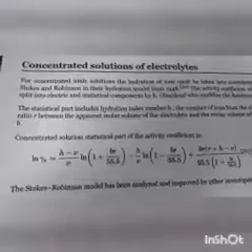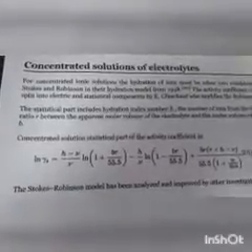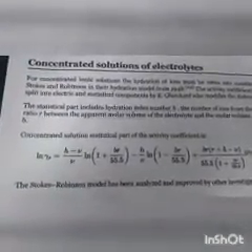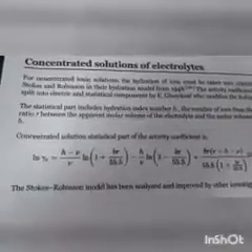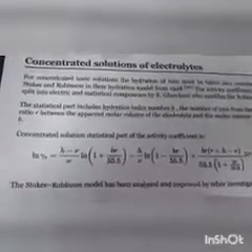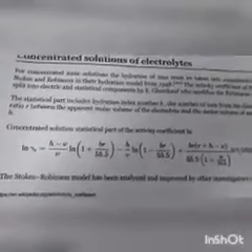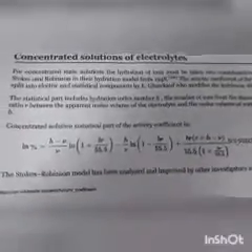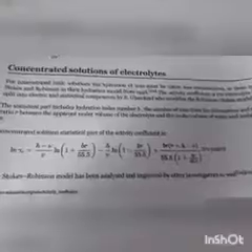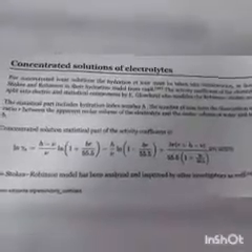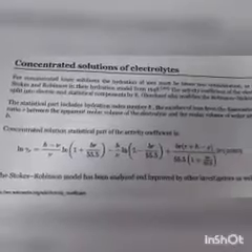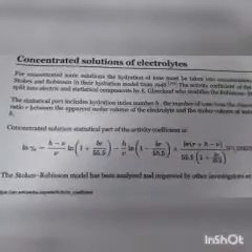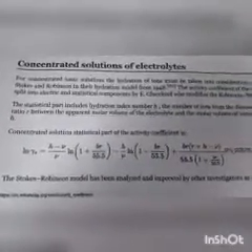H minus nu over nu ln(1 plus BR over 55.5) minus H over nu ln(1 minus BR over 55.5) plus BR(R plus H minus nu) over 55.5(1 plus BR).